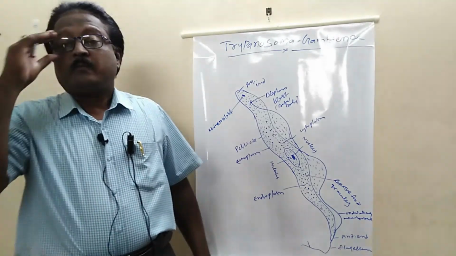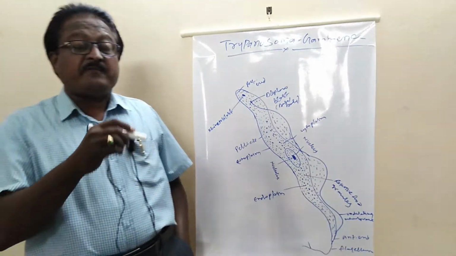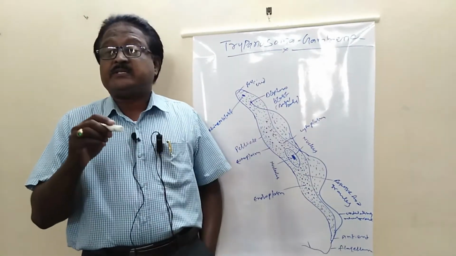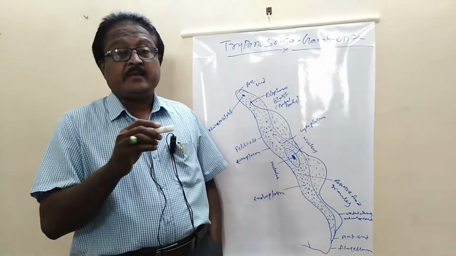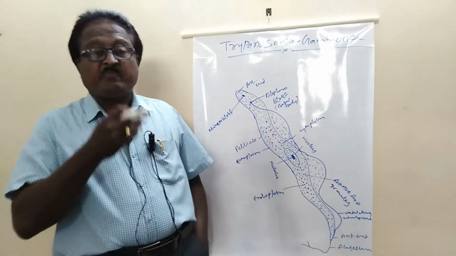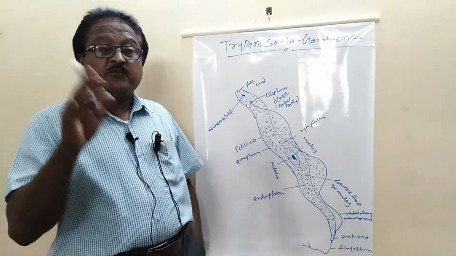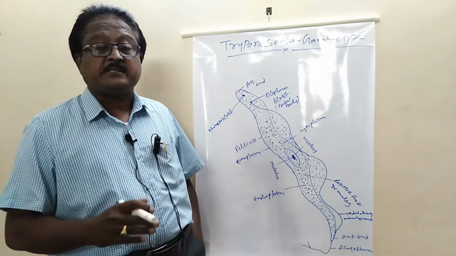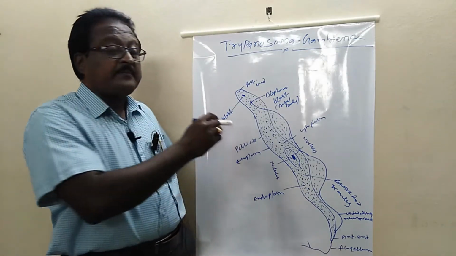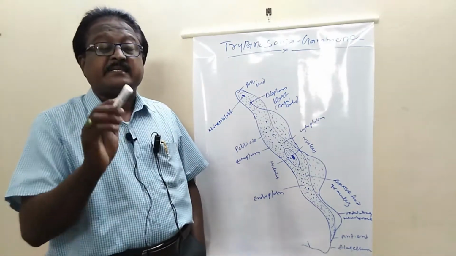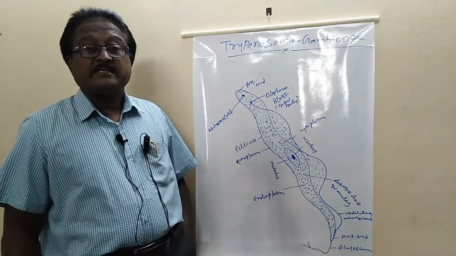Now, geographically, these parasites are particularly found in the African countries, and there are two more species which are also found in different parts of the world.